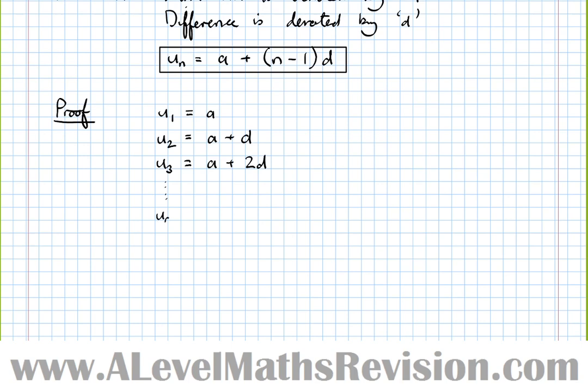All the way to the nth term, a plus, and notice that the number of differences we add is always one less than the term number. So sort of intuitively proved it: a plus (n minus 1)d. So that's the nth term of an arithmetic sequence.